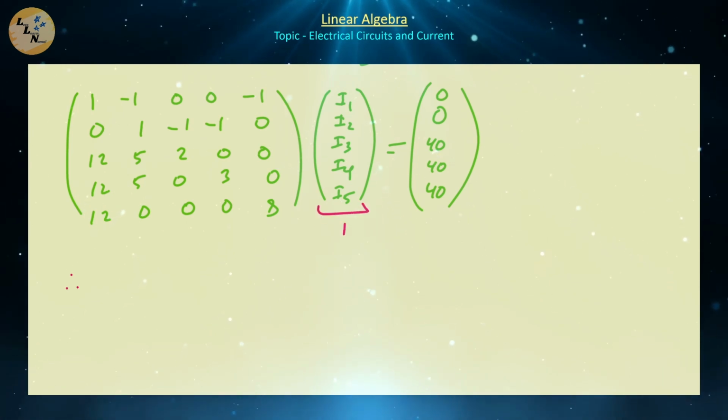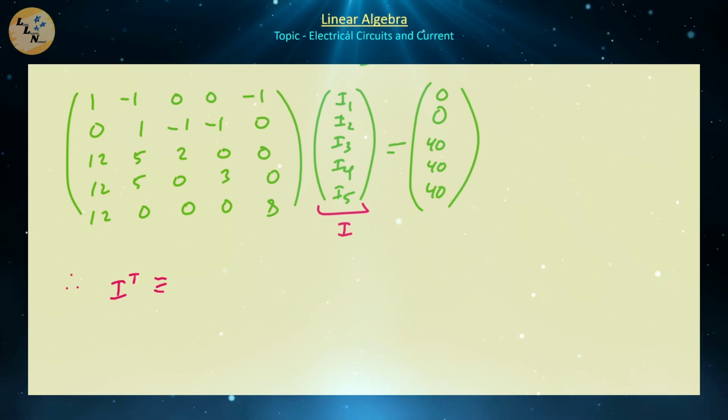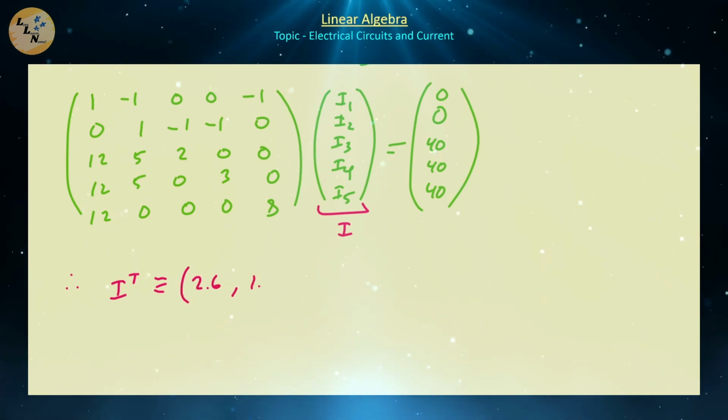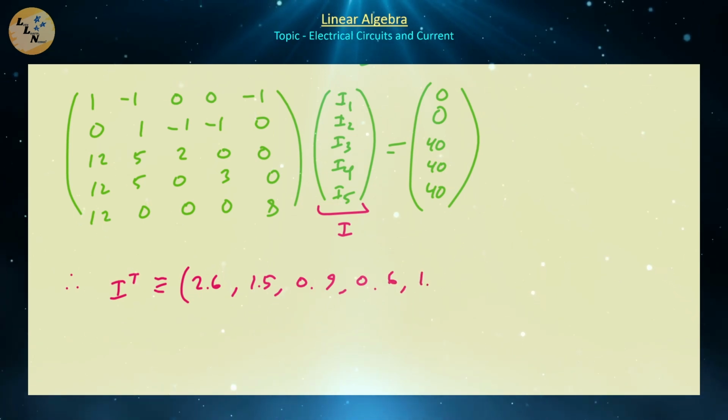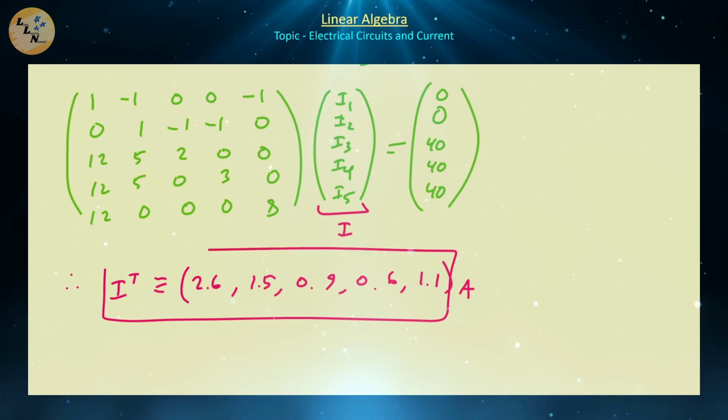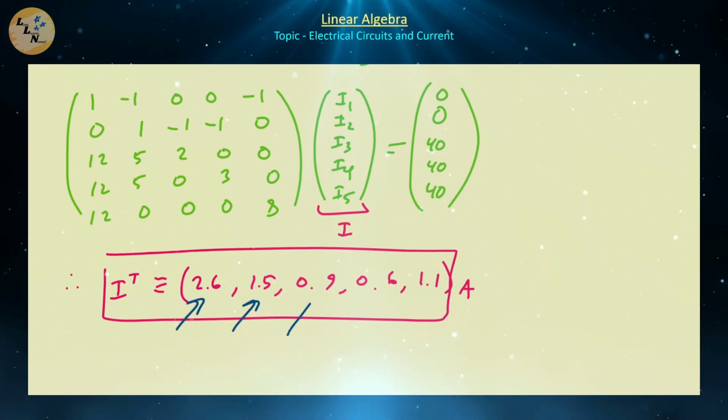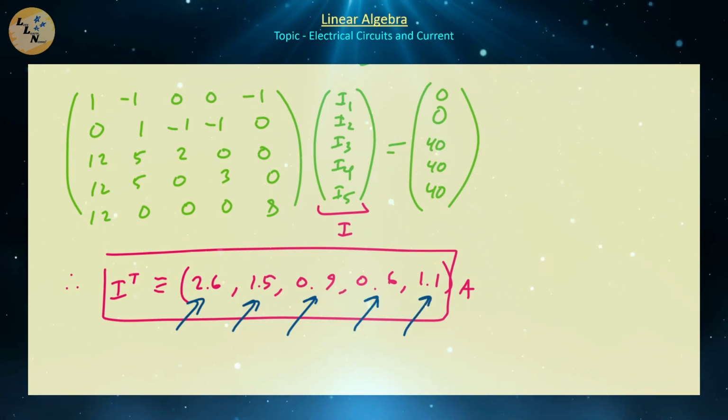If we call this vector, for example, I, then the solution is going to be approximately 2.6, 1.5, 0.9, 0.6, and 1.1 amperes. These are the currents passing through resistor 1, resistor 2, resistor 3, resistor 4, and resistor 5, respectively, to 1 decimal place.